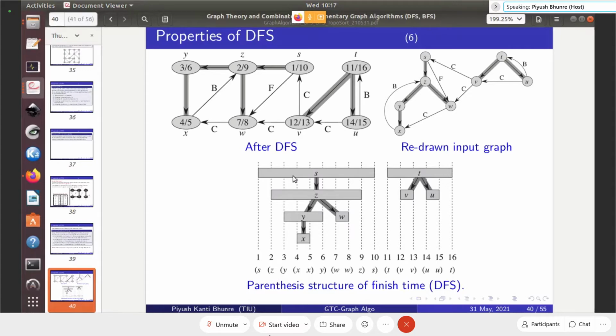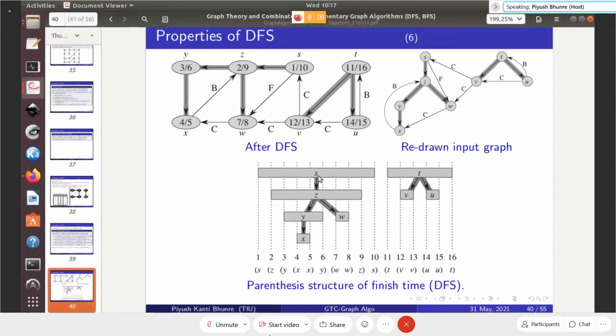The start vertex will have the longest interval. So its discovery time is earliest, it is discovered just before any other vertices, and all the vertices reachable from S have discovery times later than that.